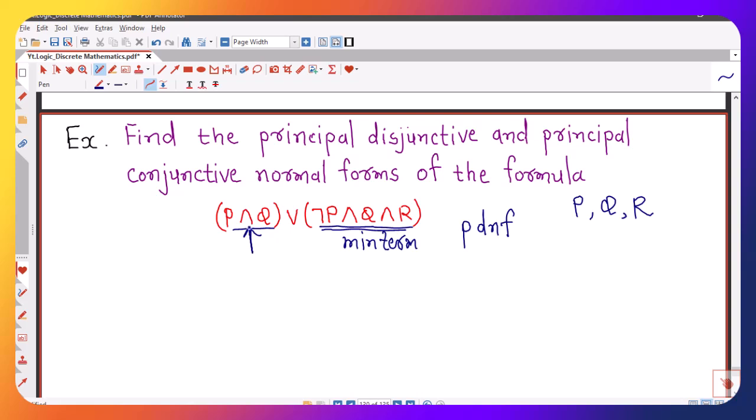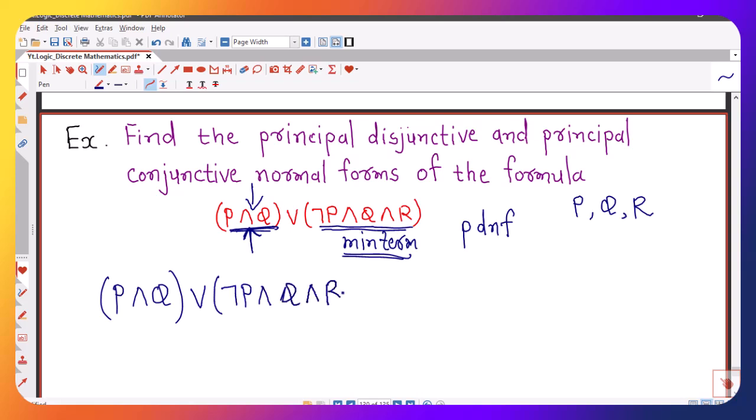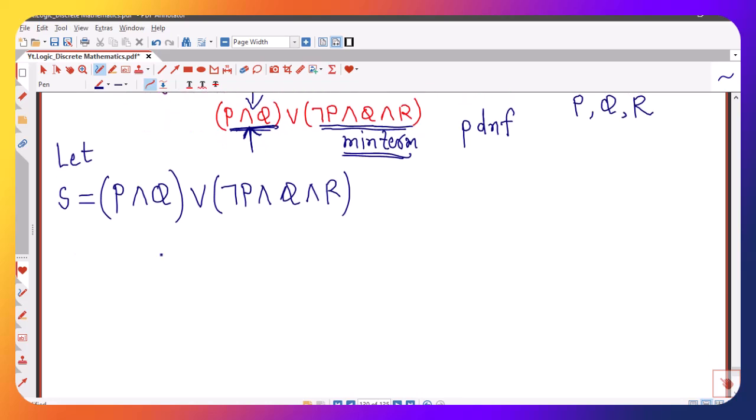So for that we will write an equivalent formula for this in such a way that we obtain min terms containing three variables. So first we find out the principal disjunctive normal form of this formula, negation p and q and r, and suppose we denote this formula by capital S. Let S equal the given statement formula.